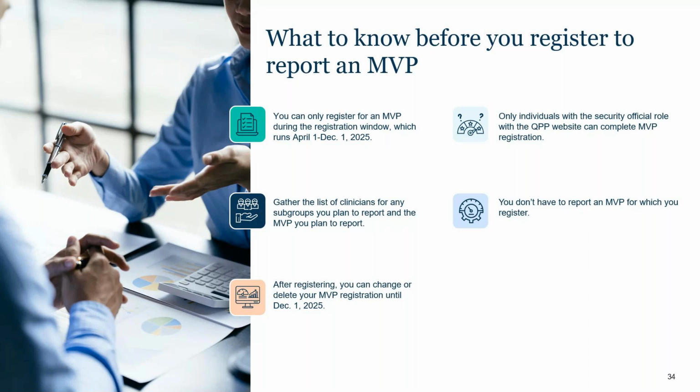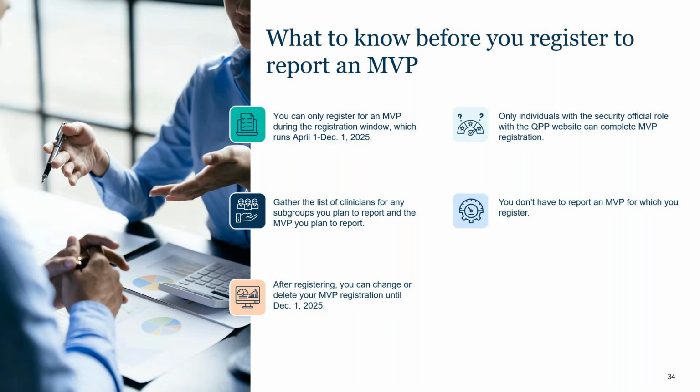Important to note that only security officials with the QPP site can complete the MVP registration. So as you are considering reporting an MVP, you want to make sure you identify who that individual is within your organization, as they would be required to complete the MVP registration steps.